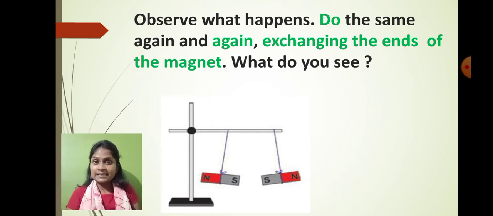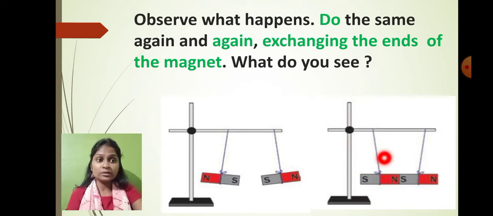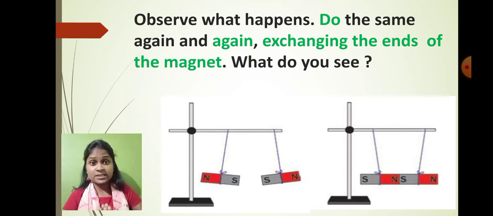So the same poles are repulsive in nature. But if we bring the north and the south pole near to each other, they get attracted. So the opposite poles of the magnet attract each other.